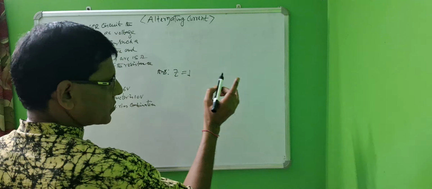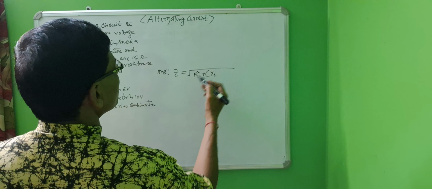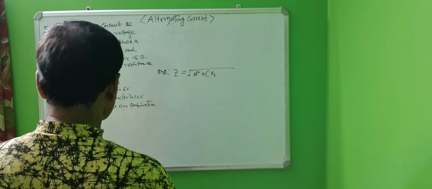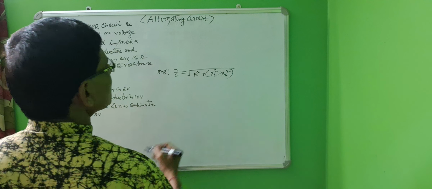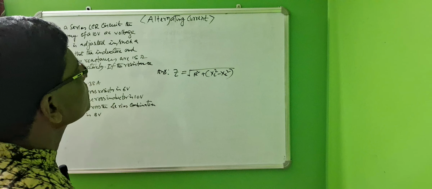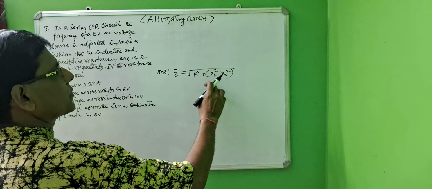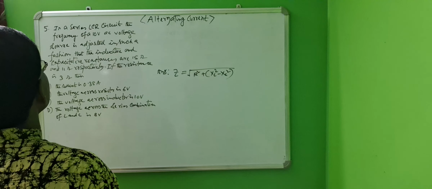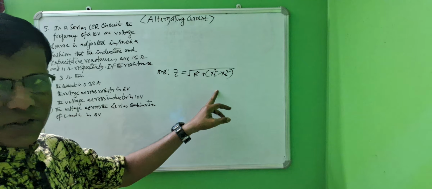Z equals root of R square plus XL minus XC whole square, where XL is the reactance of the inductive part and XC is the reactance of the capacitive part.